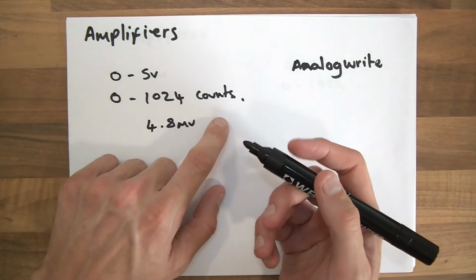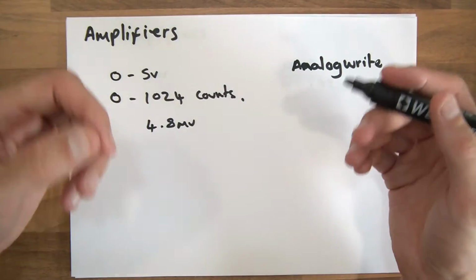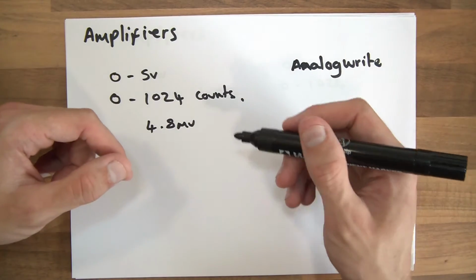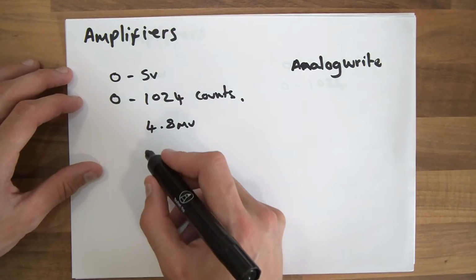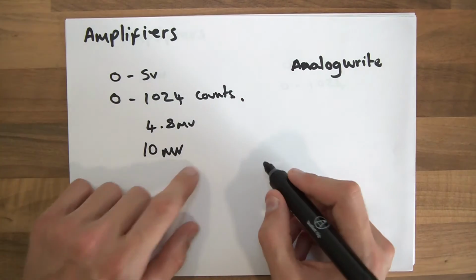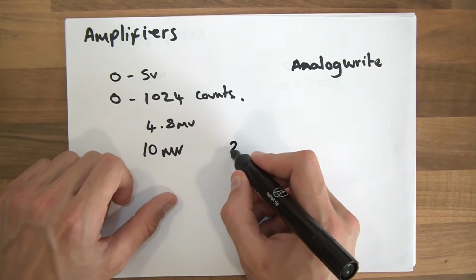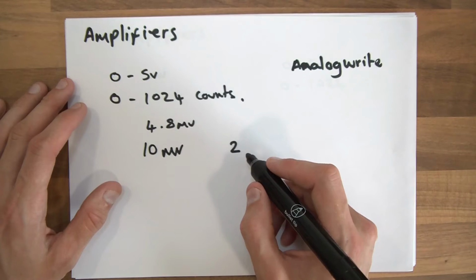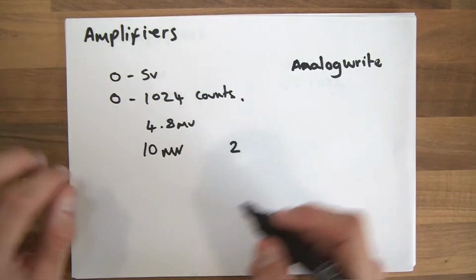So when you use the serial console and you say analog write, it will return count 1, 1, 1, 1, 1. Whereas if you input say 10 millivolts, it would output 2 counts, and then all the way up to 5 volts, or 1024 counts.